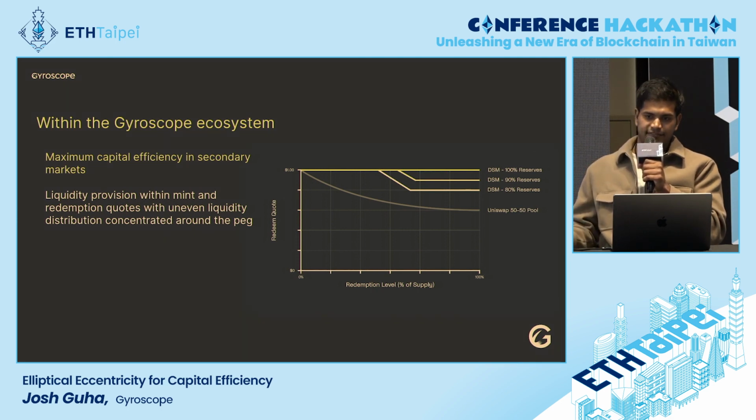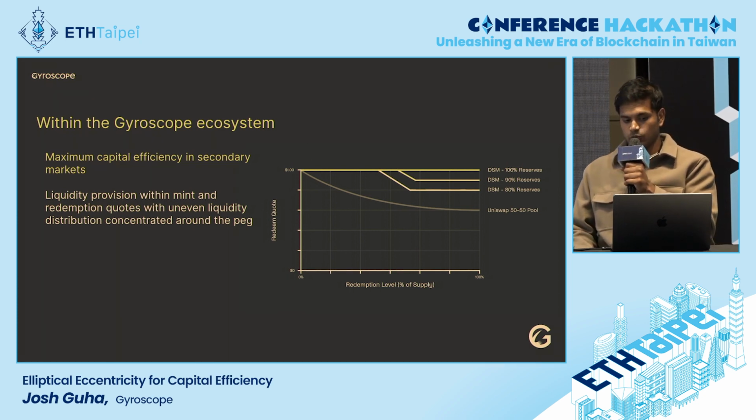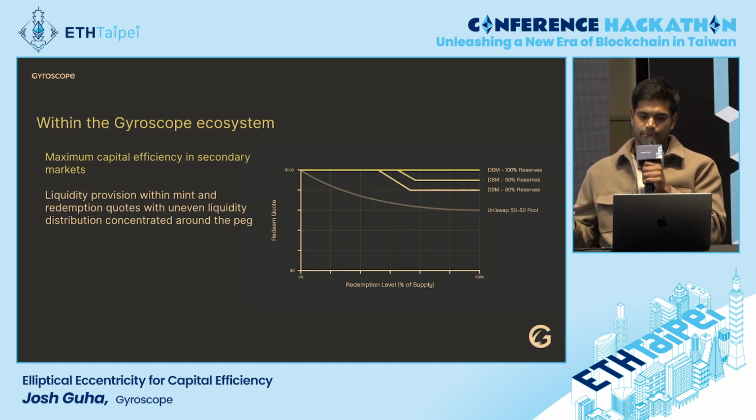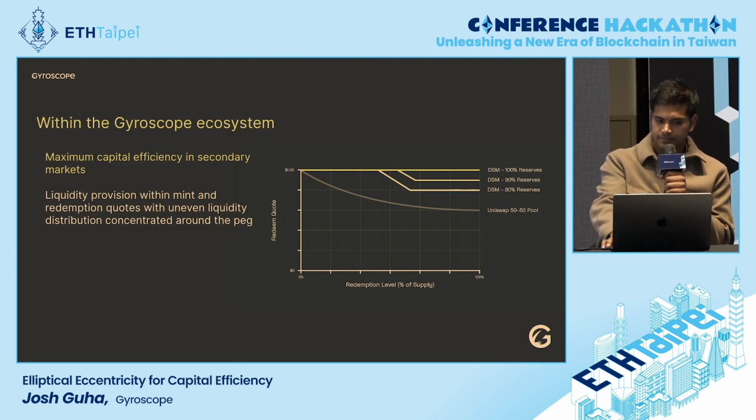But some can be unevenly distributed at lower levels for niche situations where the redemption price is at a discount. So unlike StableSwap, liquidity would not be provided by the ECLP above the price of 1, where no trading is expected in the secondary market. This is because arbitrageurs are expected to mint at a price of 1 and sell in the secondary market, ensuring there's that upper bound at 1.